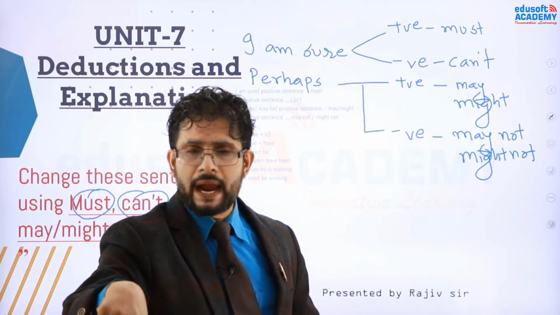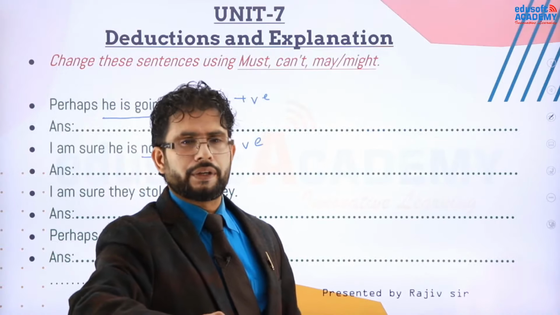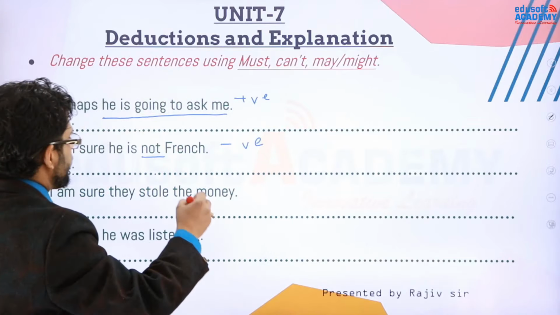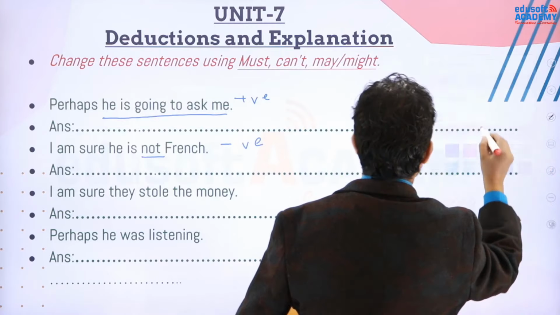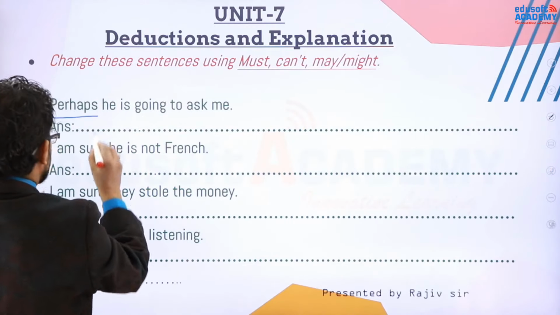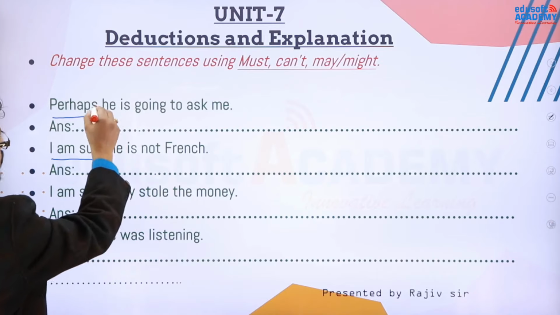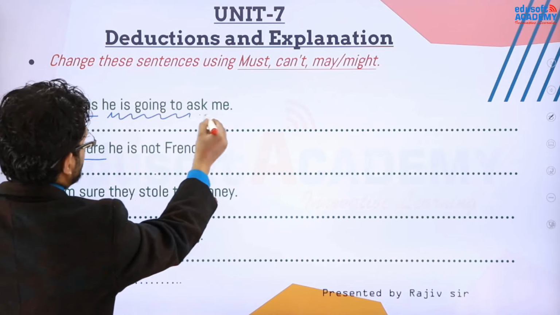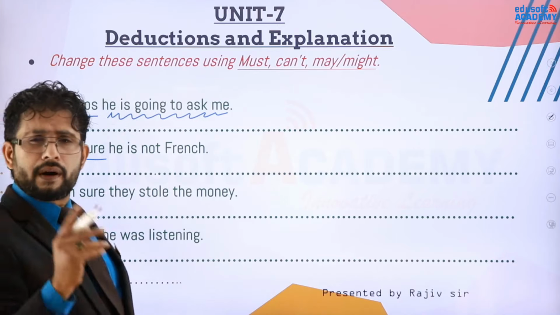So you need to look at the sentence and how the sentence begins. Look at over here. Here, the sentence begins with perhaps. And in the next, the sentence begins with I am sure. So after perhaps, you can see a sentence. Is the sentence positive or negative?